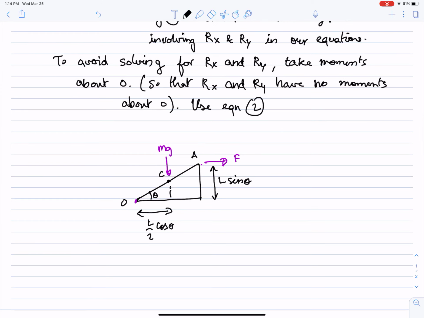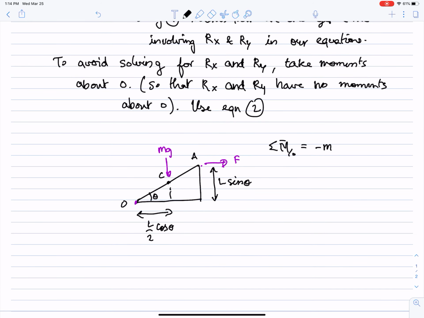So sum of moments about point O is basically mg times L over 2 cosine theta in the clockwise direction, and clockwise direction is negative. So minus mg L over 2 cosine theta k, and it's always k, and whether it's positive or negative depends on whether it's anti-clockwise or clockwise. If it's anti-clockwise, it's positive. If it's clockwise, it's negative, right?